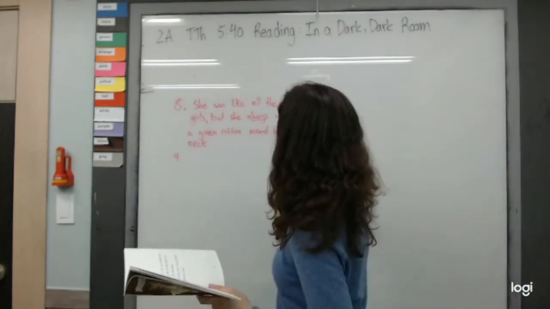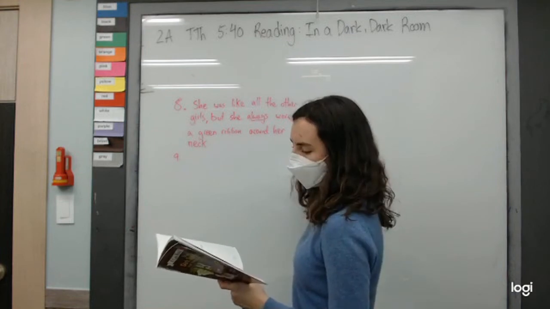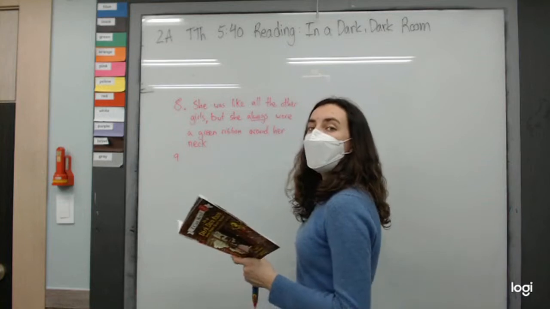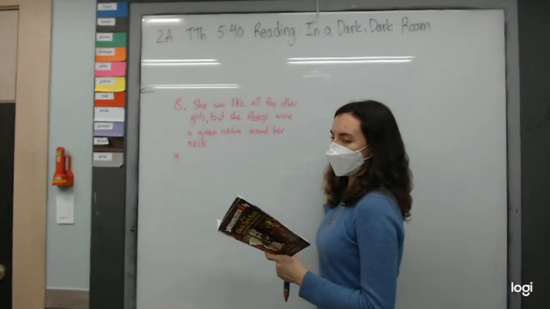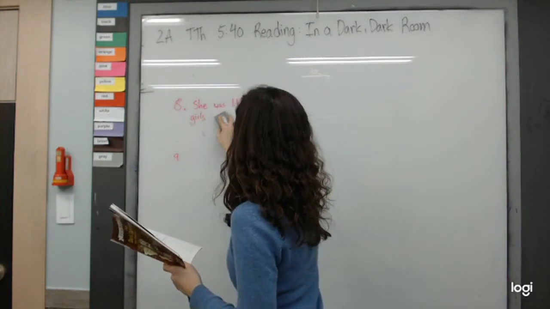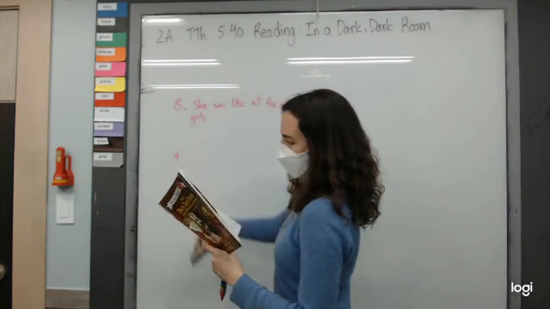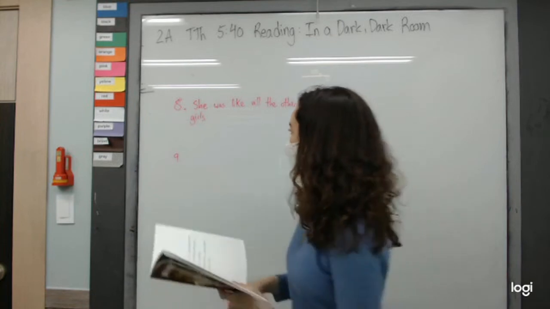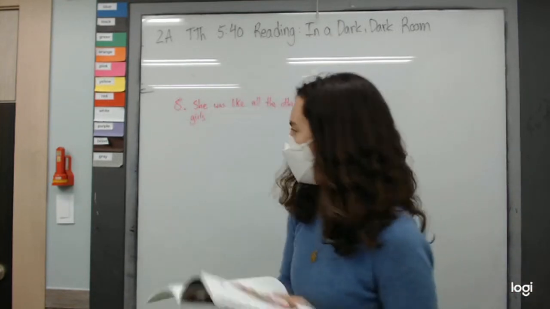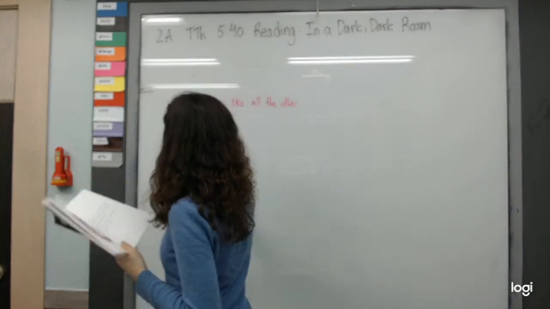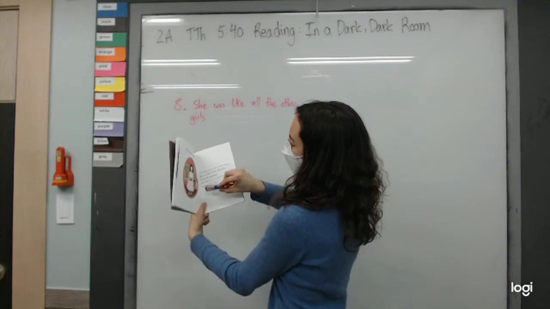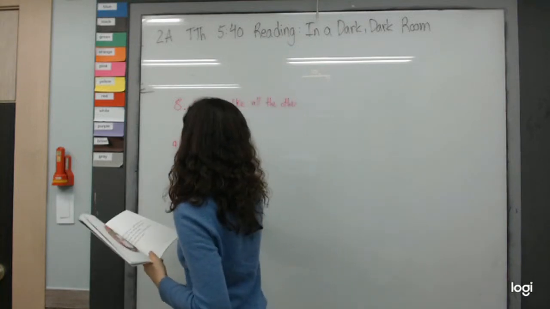So we described Jenny. She was like all the other girls, but one thing was different. That is the answer to number 9. Sorry, I wrote it incorrectly, so I'm going to erase this. The one thing that was different, we already talked about. She always wore a green ribbon around her neck.